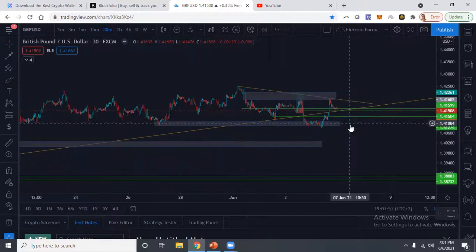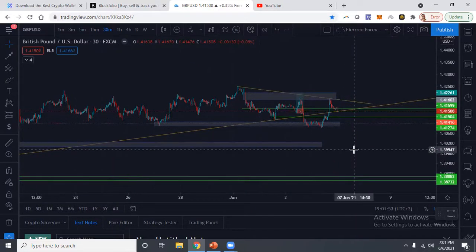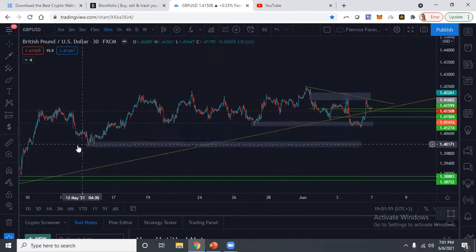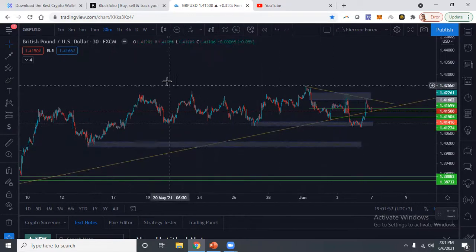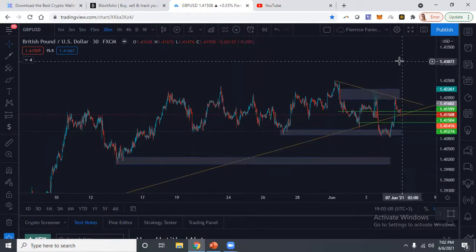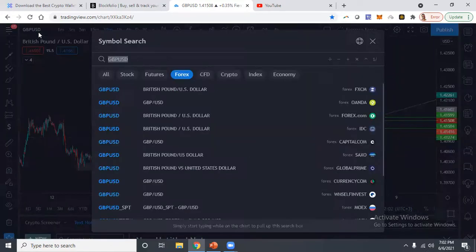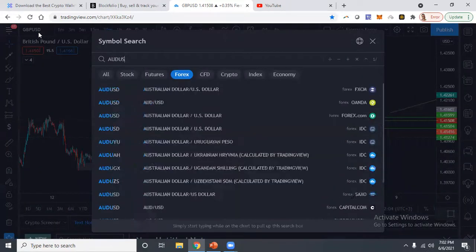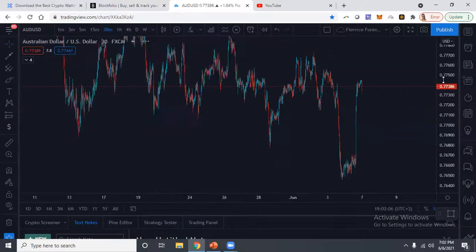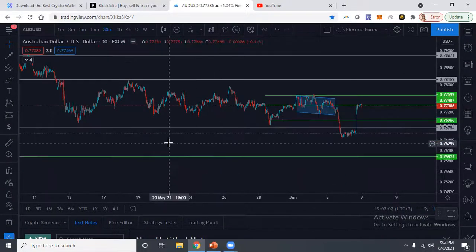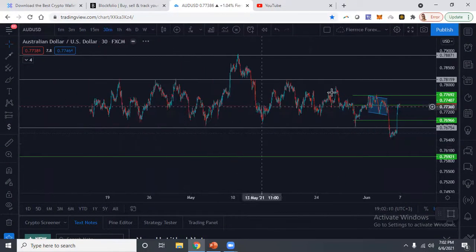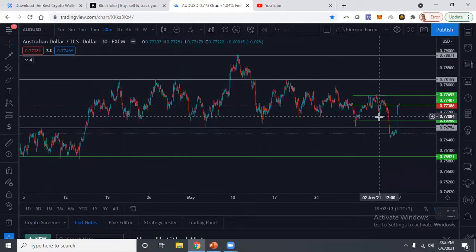So I feel like we could just see some push down. There's a very key level here. So I'm kind of bearish on GBP USD. Let me just look at the USD. Usually USD pairs tend to move almost similar, definitely, because just remove this.